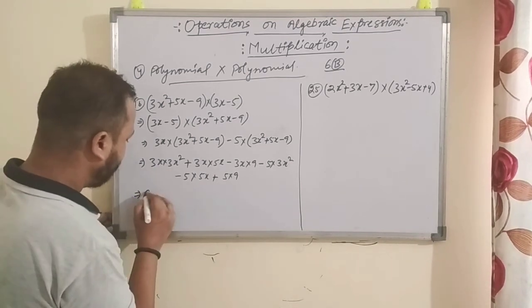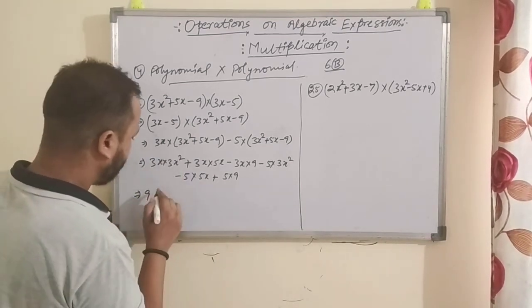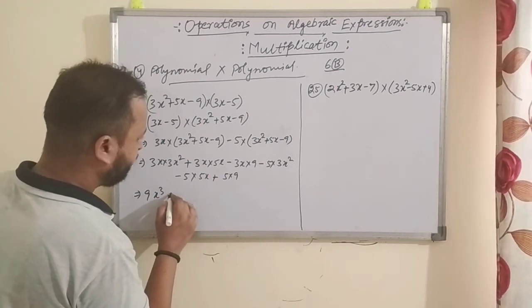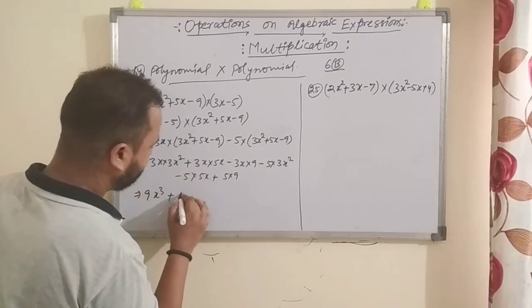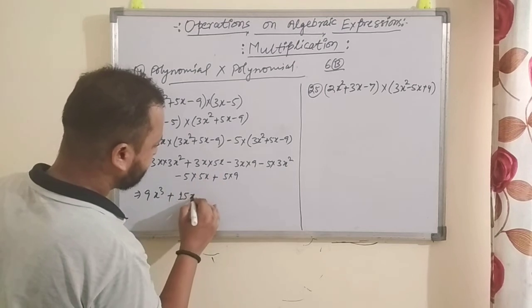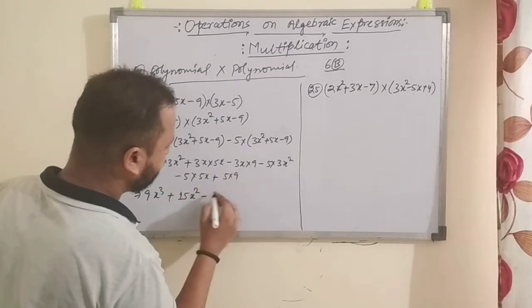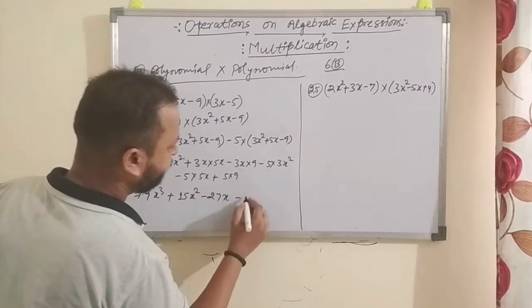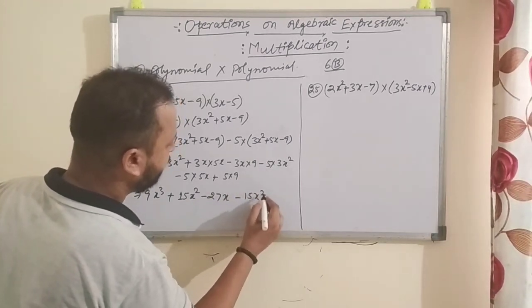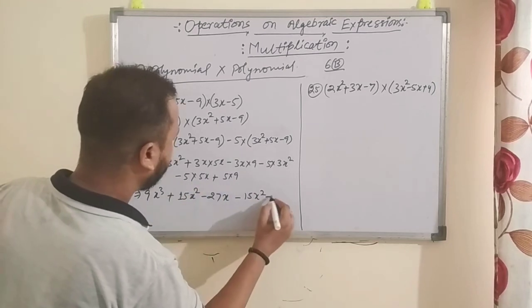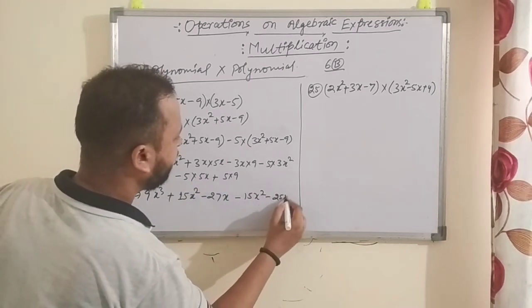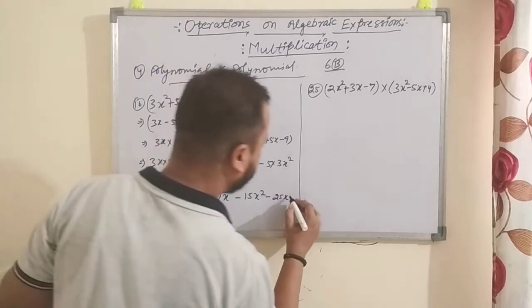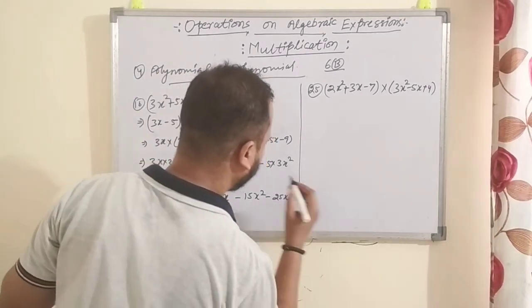So 3 times 3 is 9, x power 1 and x power 2, so x power 3, plus 3 times 5 is 15, x into x is x square, minus 3 times 9 is 27x, minus 5 times 3 is 15x square, here minus 25x and plus 45.